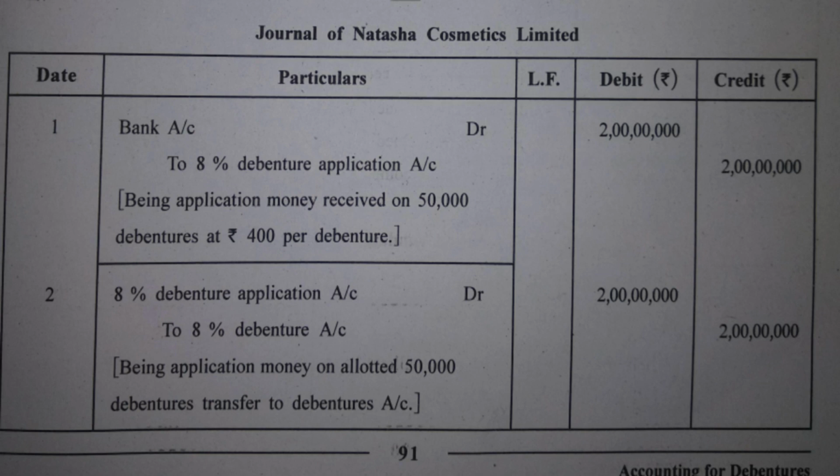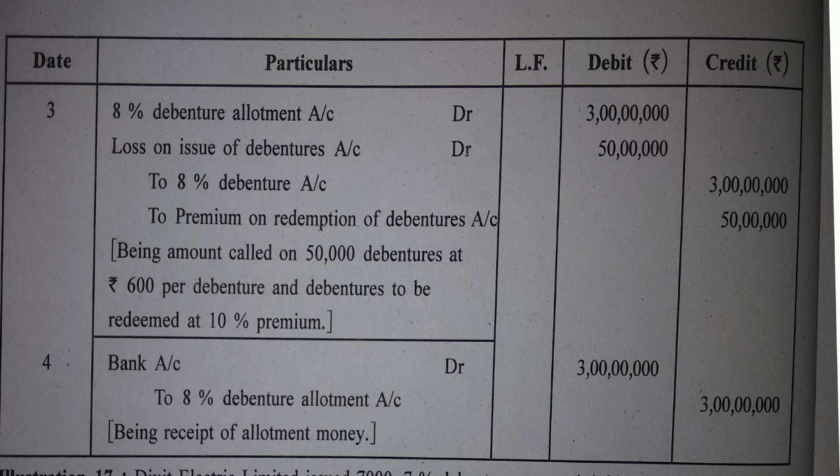Yes? So what about the premium on redemption? 1000 rupees is face value and 1100 rupees is to be returned. So the 100 rupees that you are going to return extra, that is premium, that is to be shown. And it is shown at the time of allotment. 8% debenture allotment account debit.